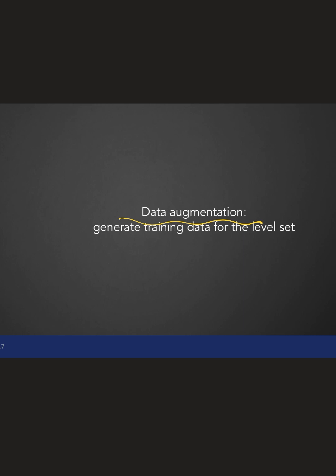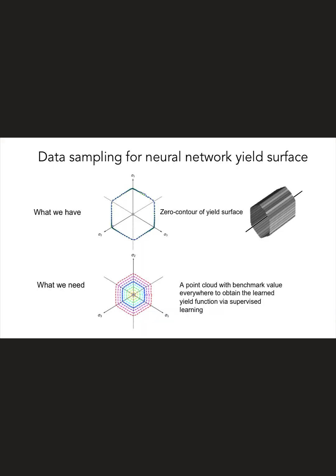So remember, you are training the yield function that is mapping a stress, principal stress, onto a scalar, okay? And this R3 is basically any stress combination, not only on the boundary. So basically you need a point cloud.